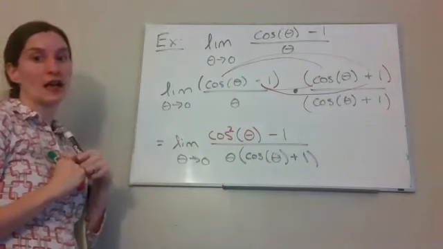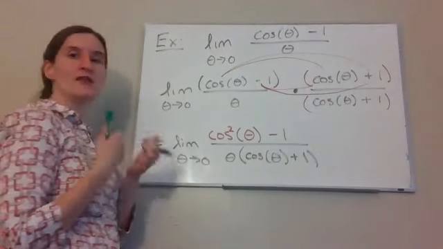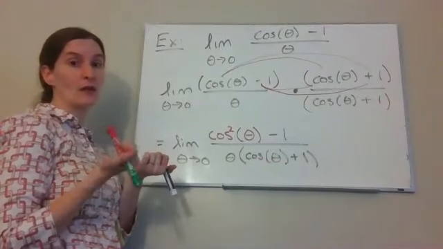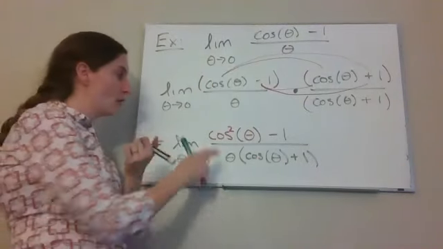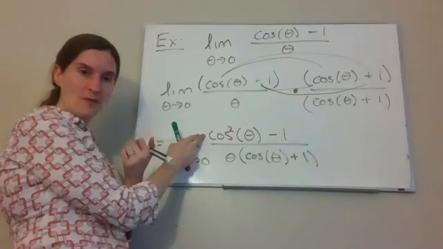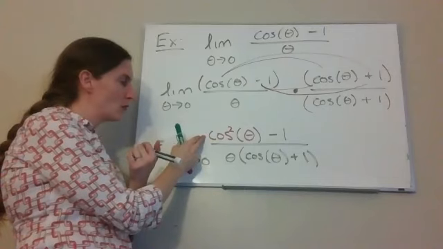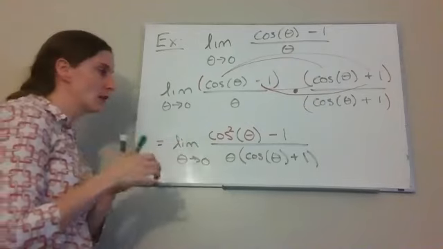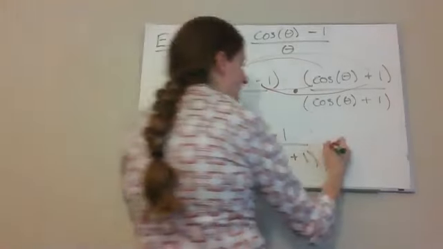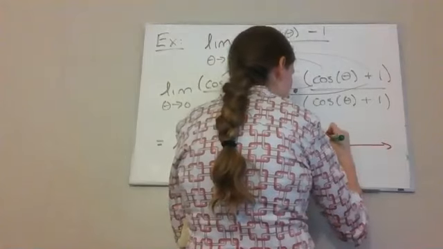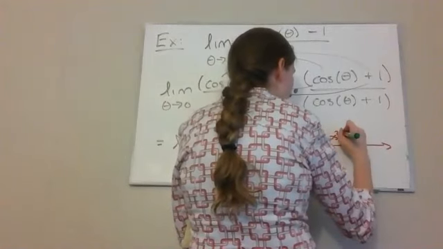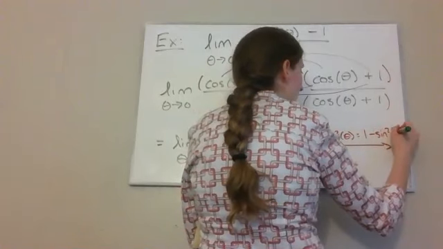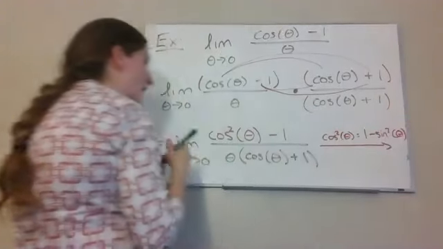This is where our trig identities come in. What is your favorite trig identity? Probably sine squared plus cosine squared is 1. So I have a cosine squared here. Cosine squared would then be equal to 1 minus sine squared. So I'm going to use that trig identity, cosine squared is 1 minus sine squared, to rewrite this problem.